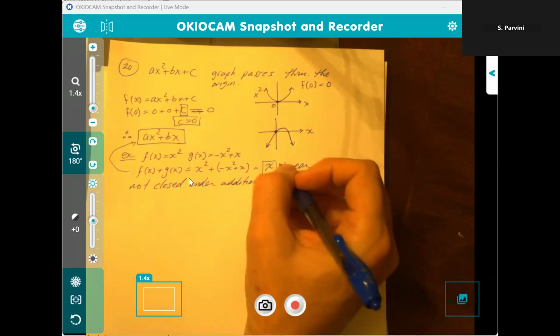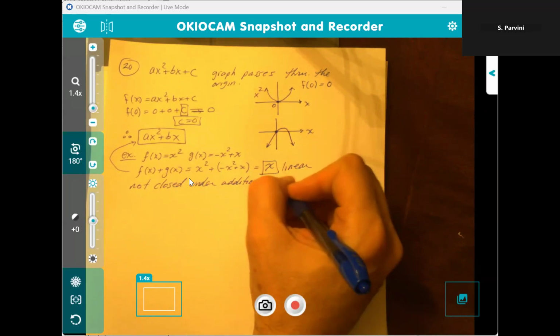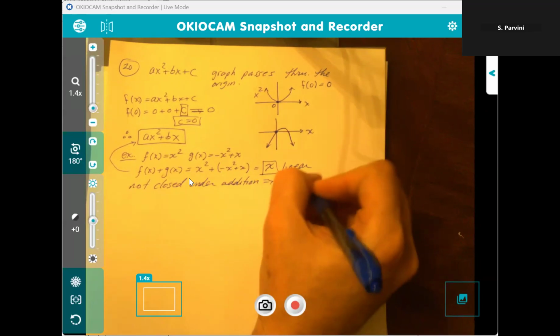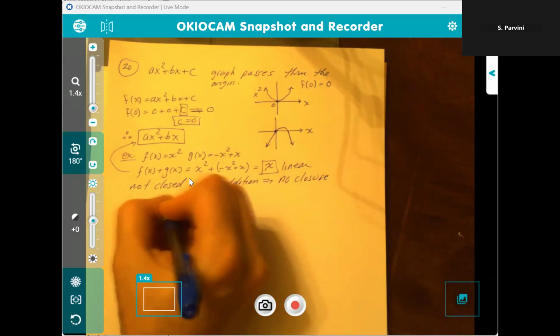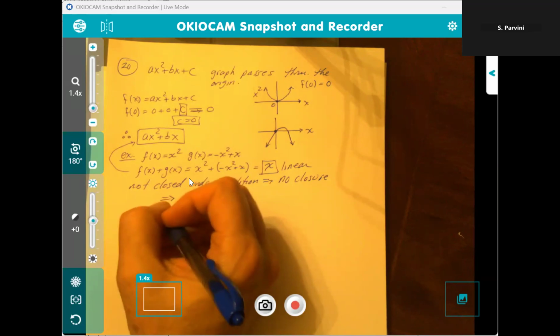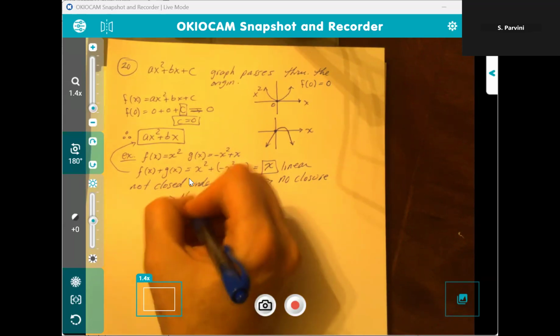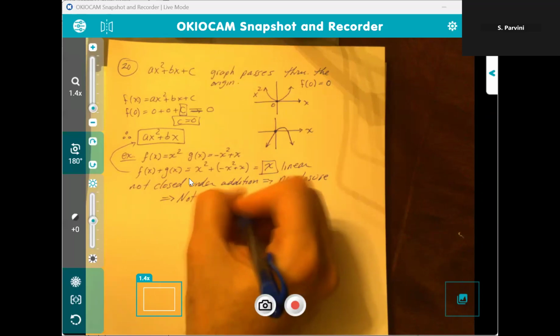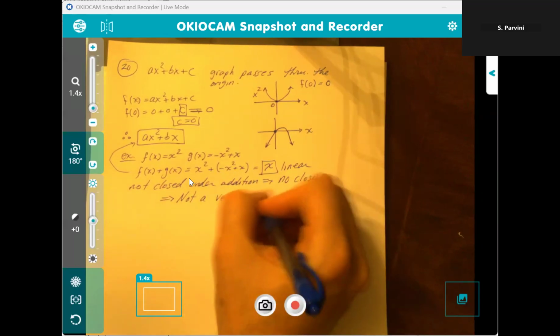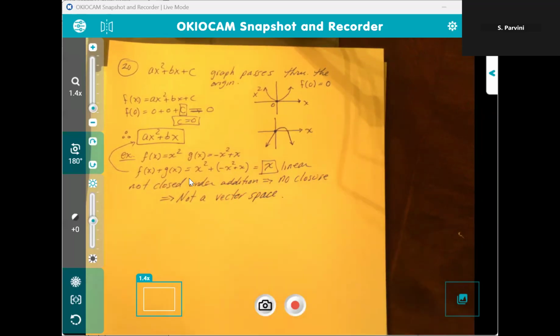Therefore, there's no closure on this one either, right? True. So there is no closure. Therefore, the set is not a vector space. Not a vector space.